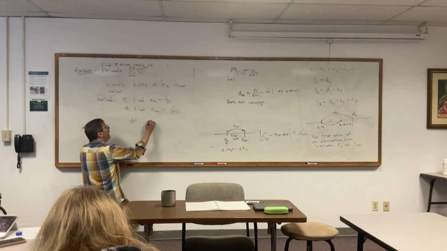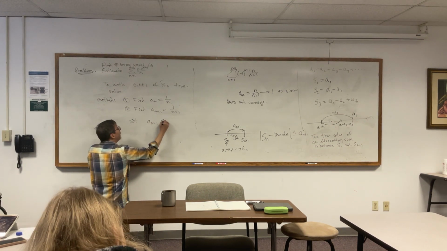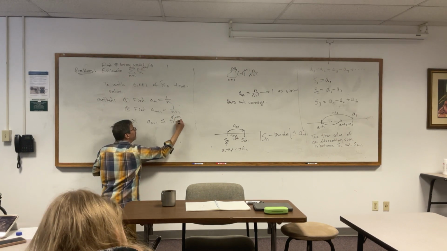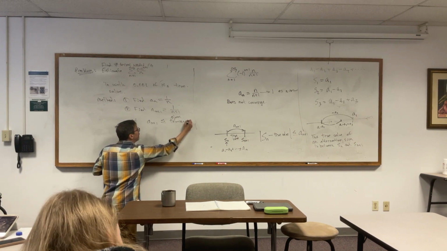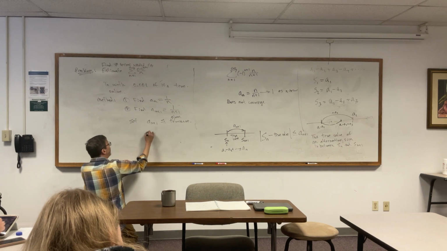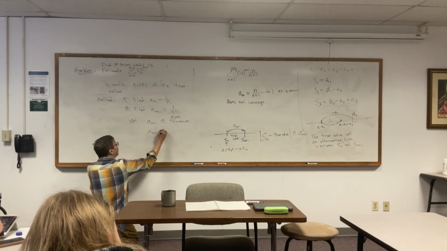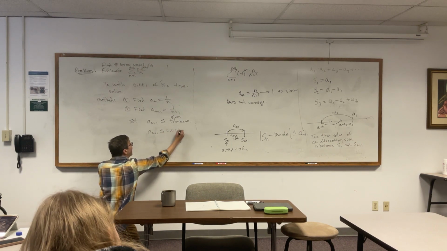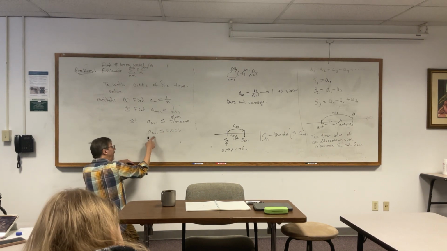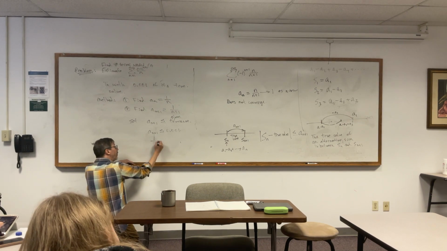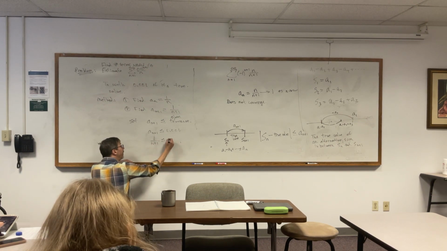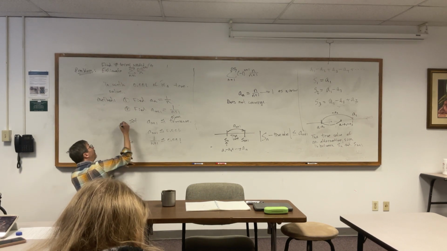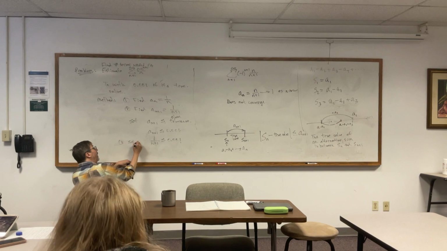Then set a sub n plus 1 less than or equal to your given tolerance. So here, I'm going to set it less than or equal to 0.001. So this is 1 over n plus 1 less than or equal to 0.001. Step 3 is solve for n.